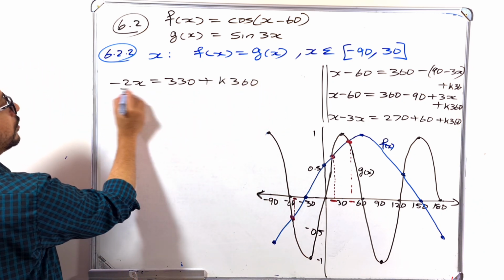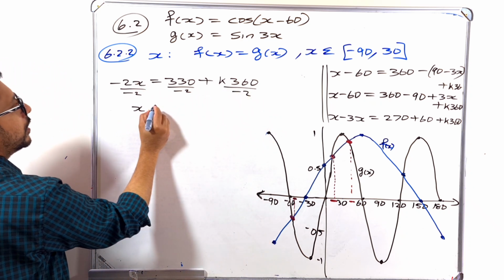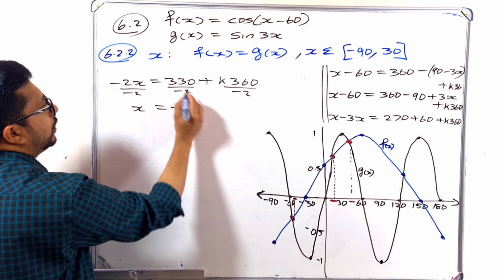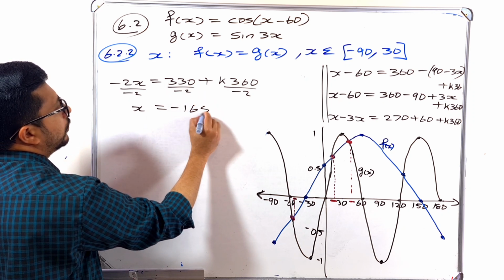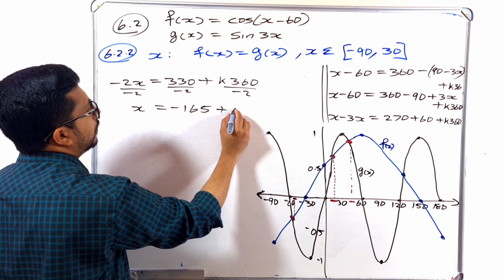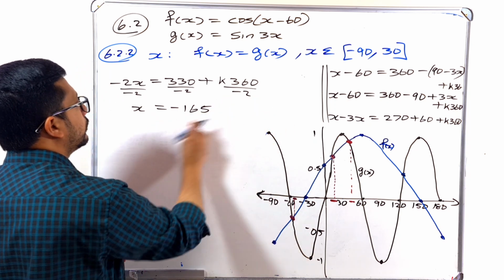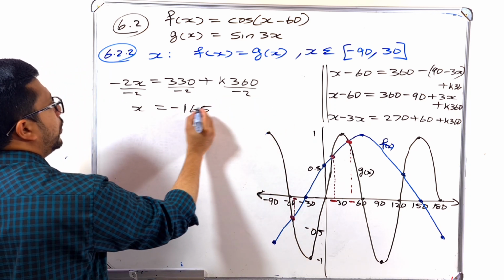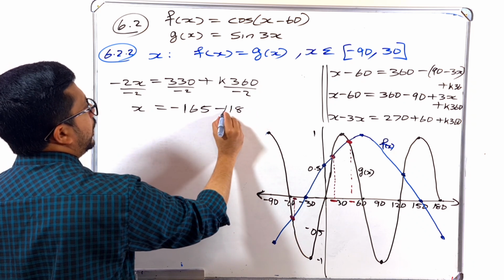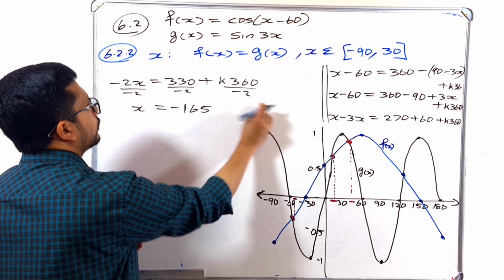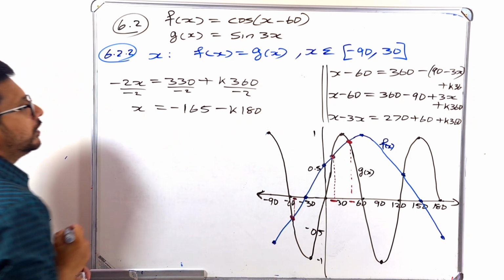So divide throughout by minus 2. So what is that? x is equal to minus 165 minus k into 180.